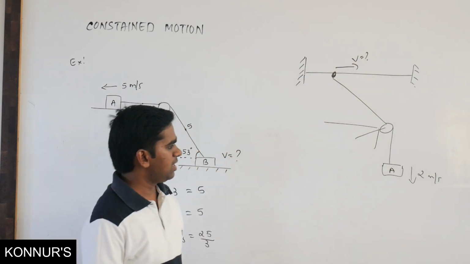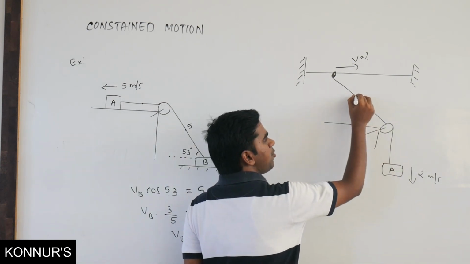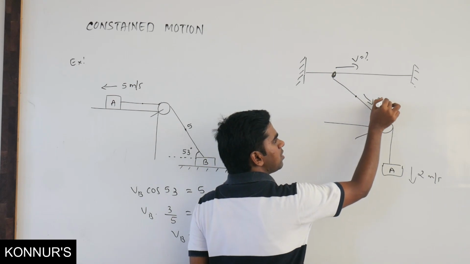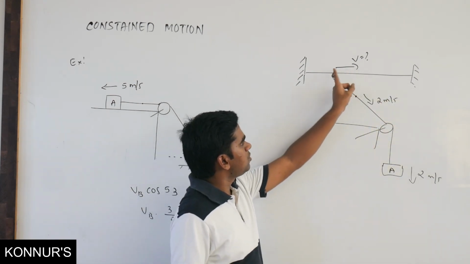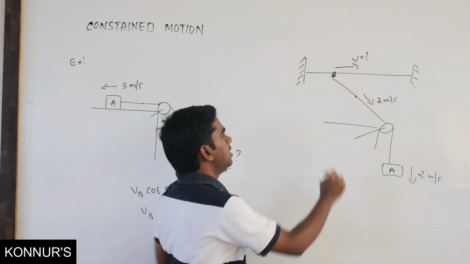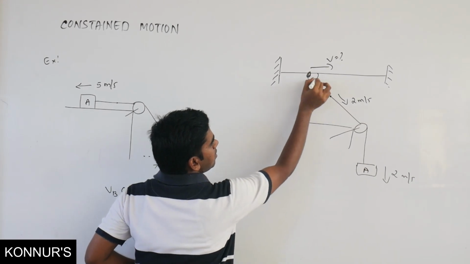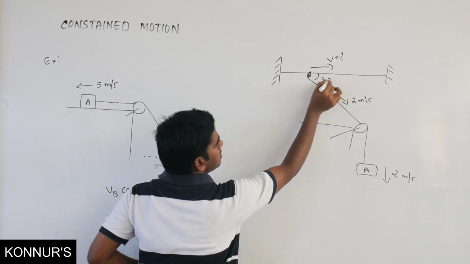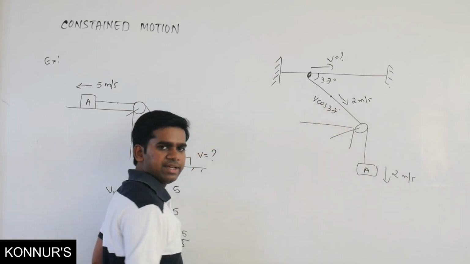Okay. So how can we do it? If here the velocity of A is 2 meter per second, any point at this point is also moving at 2 meter per second. Now take the component of velocity of this ring in this direction. So what is its component? It will become V. If they give the angle, say 37 degree, it will become V cos 37 degree.